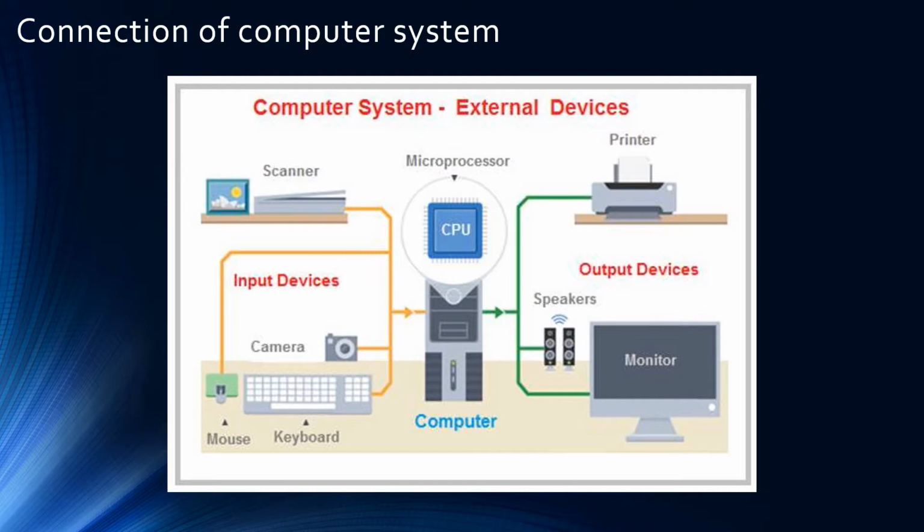If you have a monitor connected to the computer already, but there is no mouse and no keyboard, how can we give a command to the computer to do our job? That's why the computer system has three blocks in the diagram: the computer itself, the output devices, and the input devices.